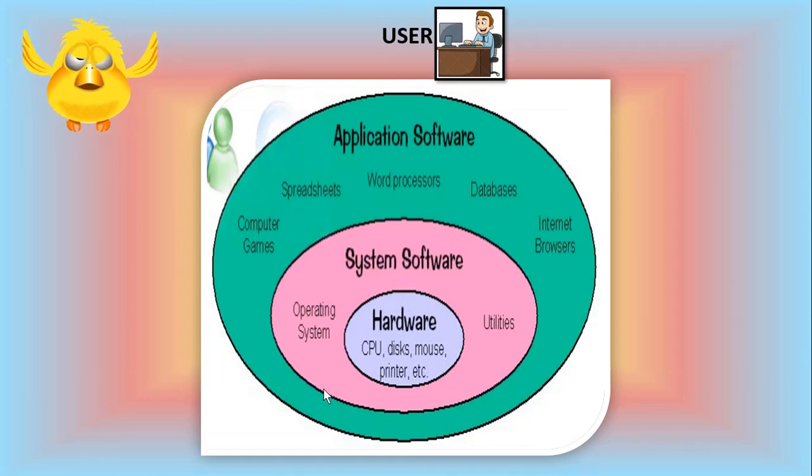Children, I will explain the different types of software using this diagram. In this diagram, you can see three concentric circles.